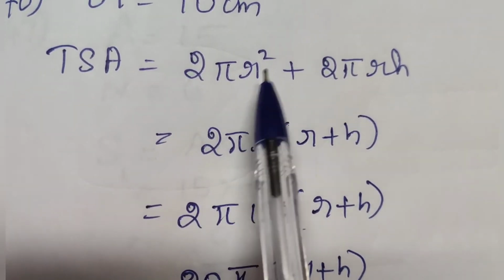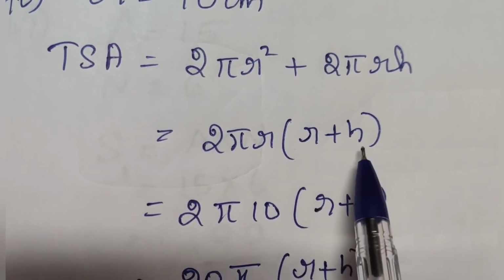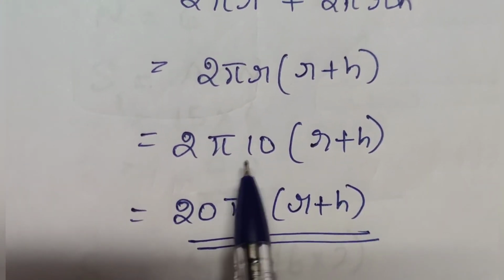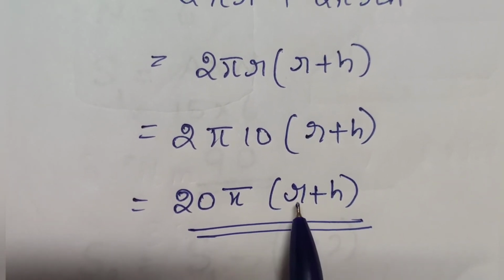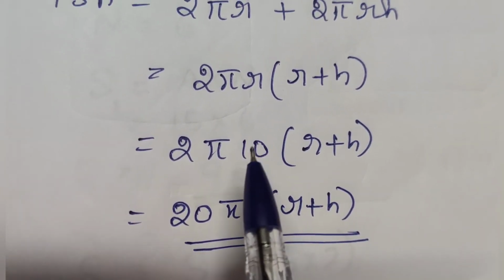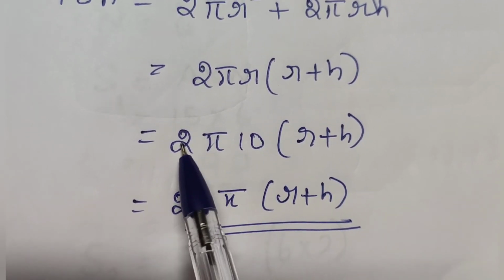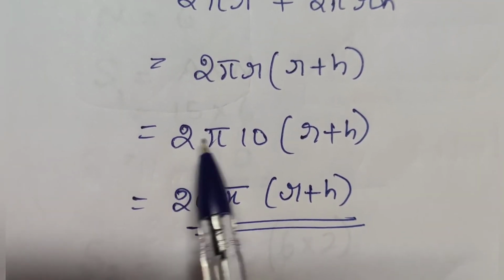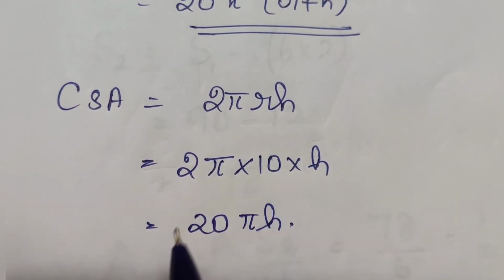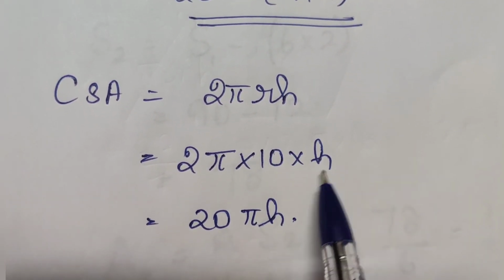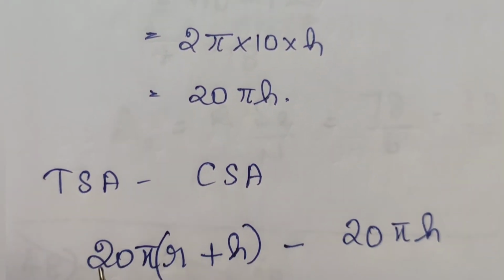So 2 pi r is common in both. So 2 pi r into r plus h. We get 2 pi r is 10, into r plus h. 2 into 10, 20 pi into r plus h. And CSA formula is 2 pi r h. 2 pi r is 10 into height, 20 pi h.